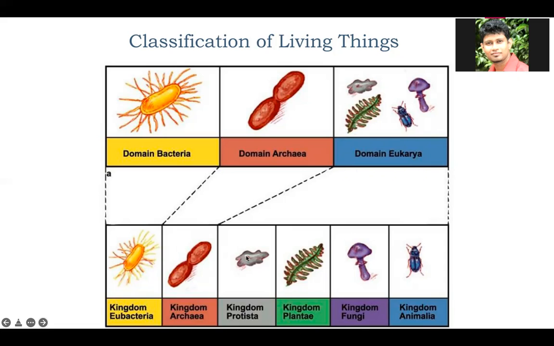Protista is like amoeba-like things. Plantae, the plants, trees. Fungi, basically the fungi. And then Animalia. Those are the 4 types under domain Eukarya. I hope we have discussed the related things.